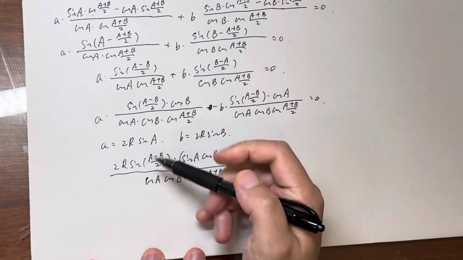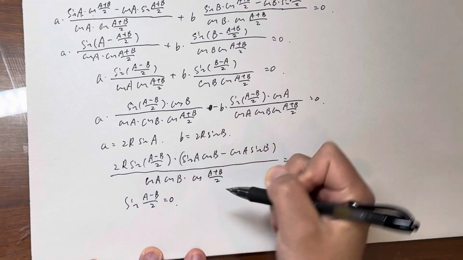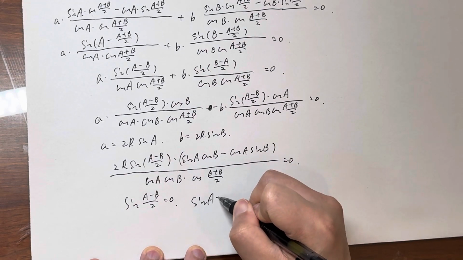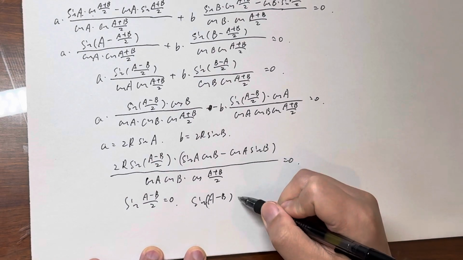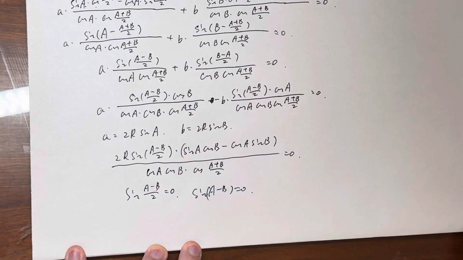Which means either sin of (A minus B)/2 equals 0, or for this one, we have sin of (A minus B) equals 0. Either this one or this one equals 0.